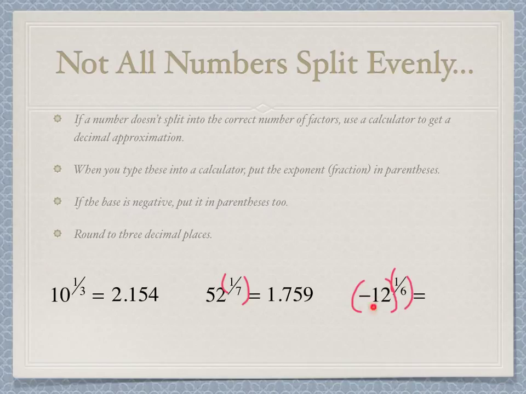The problem you're going to run into, anytime this number down here is negative, remember we talked about this a few slides back, if your number on the bottom is negative and this is even, that's when trouble starts. Okay, that's when you can't take a negative number and split it into an even number of pieces. Okay, this one you should get a no solution. You should get an error of some kind, depending on what calculator you're using. If you did not get an error, you didn't type it in correctly. Okay, so if you're having trouble with the calculator, please talk to me in class tomorrow.